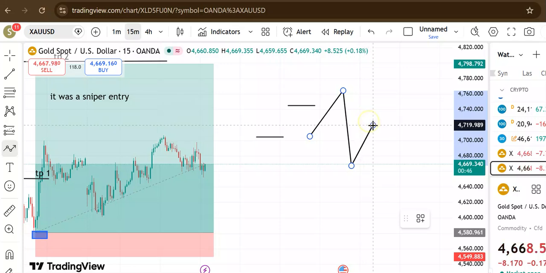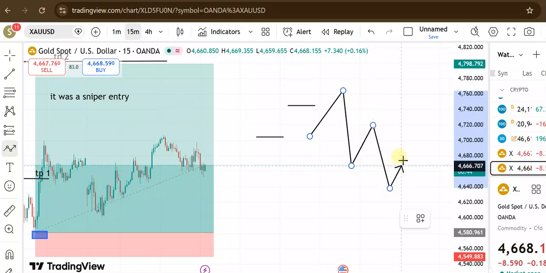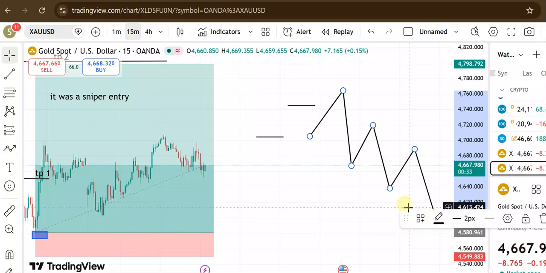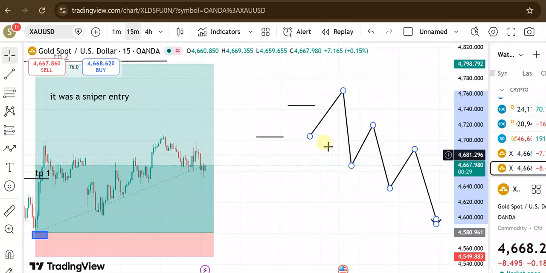It's just vice versa with the uptrend. I almost messed up. So this is why we call this a downtrend.